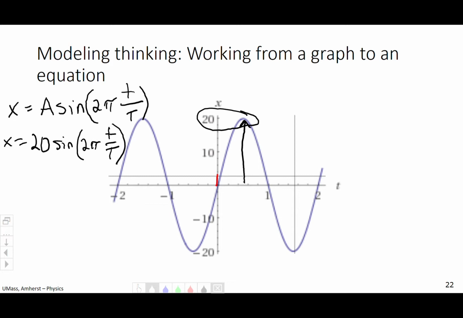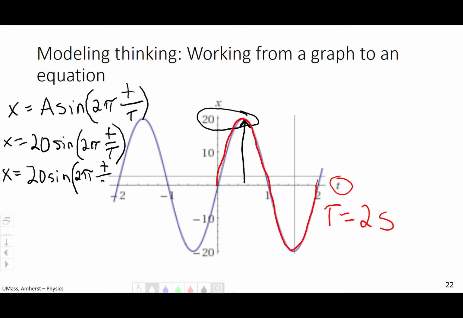You can see that we cycle through, okay, we're up to a crest, equilibrium, down to a trough, equilibrium. So the period is 2 seconds. We have the time graph here, that's 2 seconds. That means we end up with x equals 20 sine 2 pi t over 2, and you can simplify that 2 and 2. This graph is x equals 20 sine pi times time.